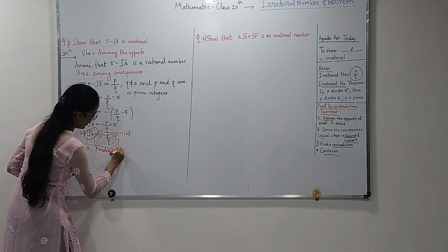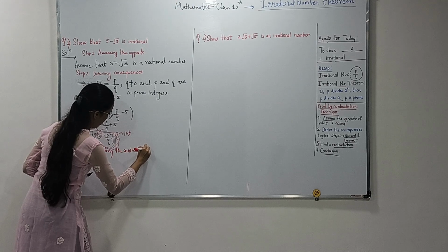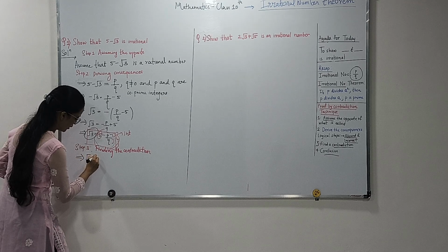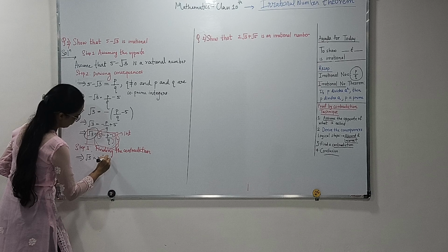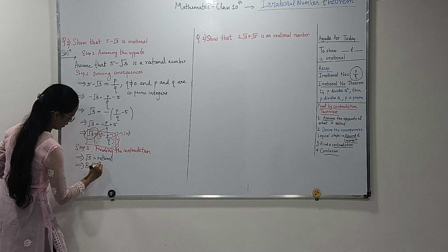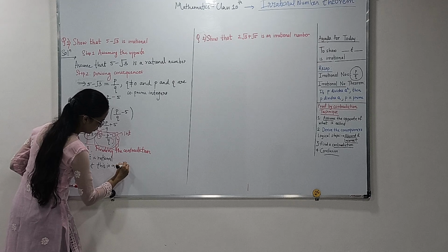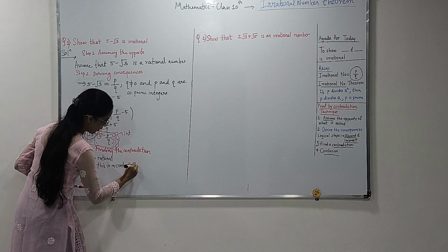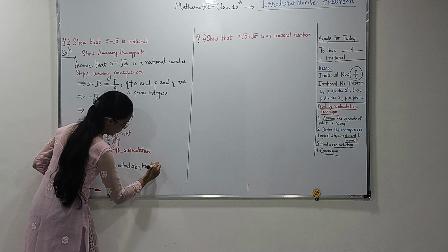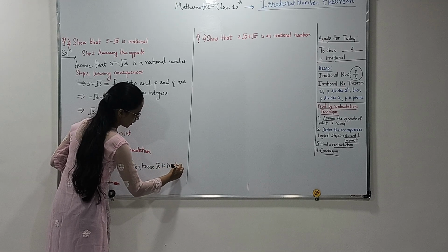So this is our step number 3, finding the contradiction. So this implies that root 3 is rational, but this is a contradiction. Now why is this a contradiction? Because root 3 is irrational.